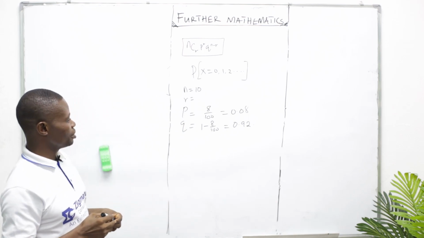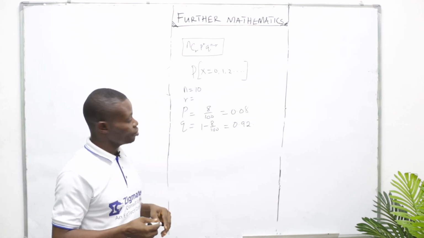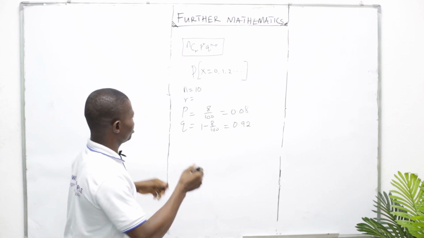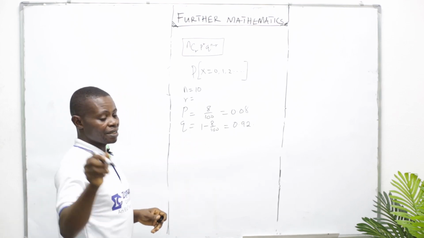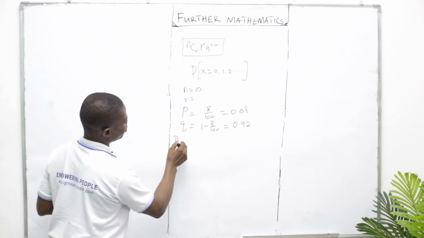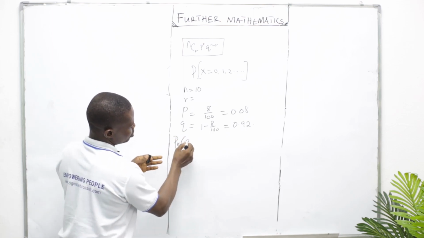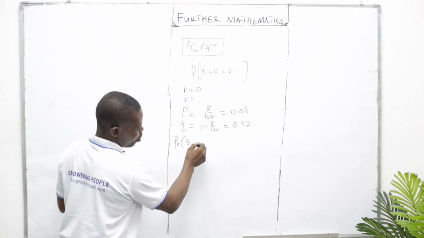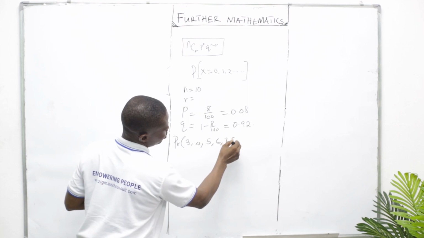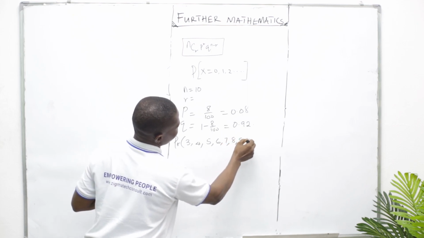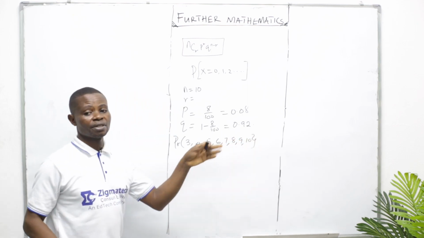I think we are ready for this job. So 10 combination. Let's interpret at least 3: it means probability of r = 3, 4, 5, 6, 7, 8, 9, 10. You can see this is stress.